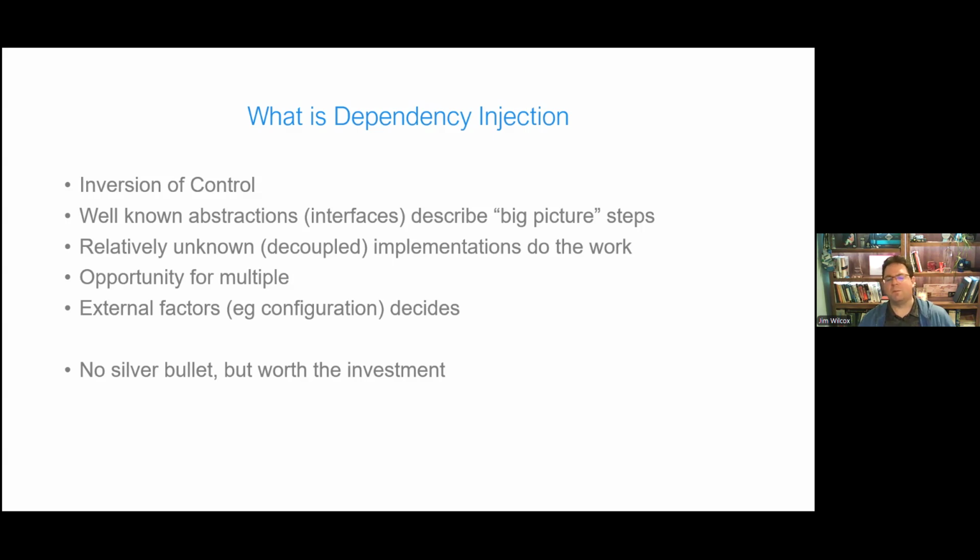And one implementation might save that content to a file structure, another might save it through a third-party web API, and you might have another implementation that saves it off to, say, a database.